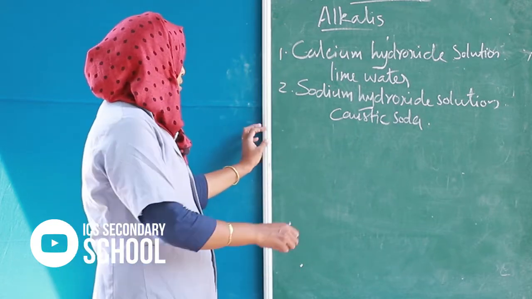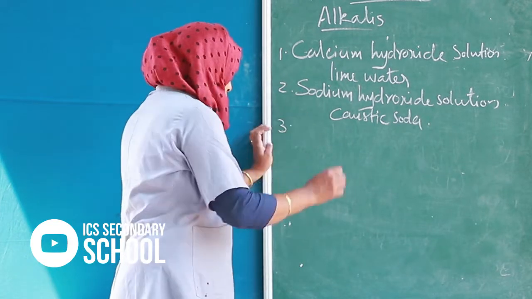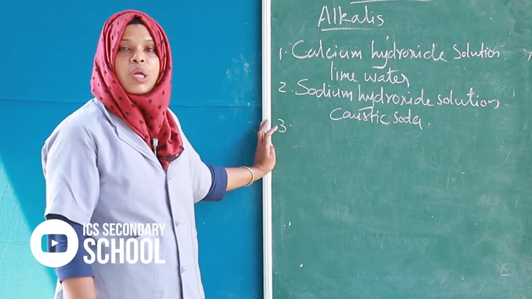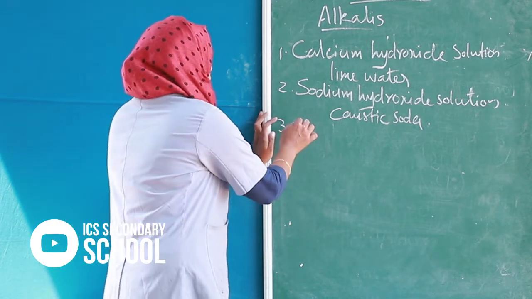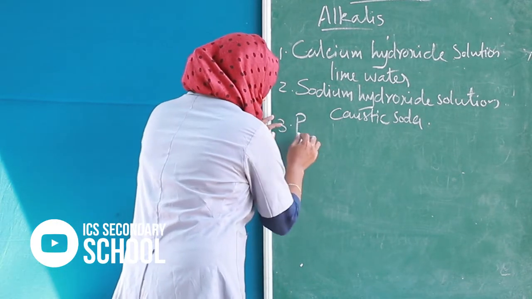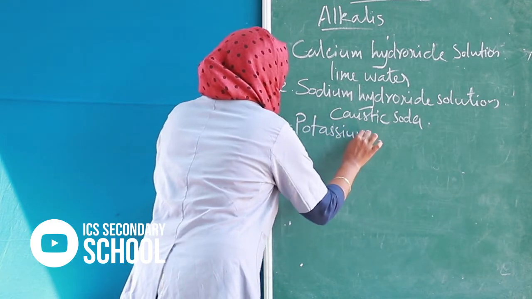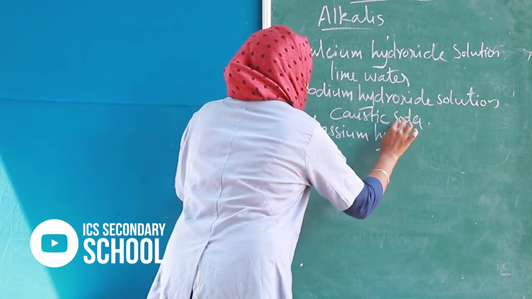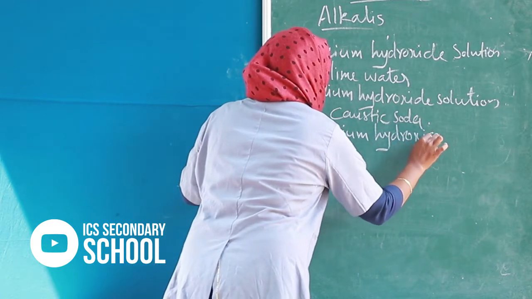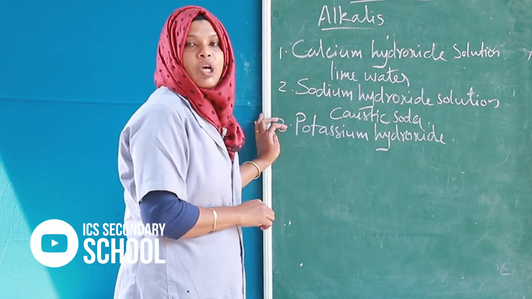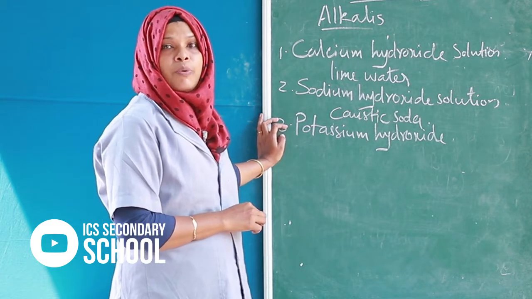Then the third compound is potassium hydroxide, and its common name is caustic potash.